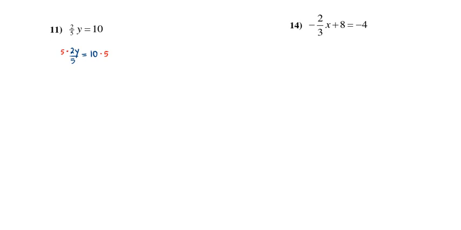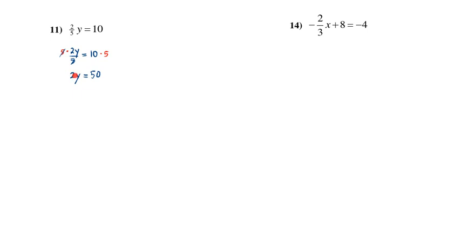And when doing the operations, we get 50, 10 times 5, 10 times 5 is 50. And on the other side, we could take this 5 and divide it with this 5, which will give us simply 2y, which is equivalent to multiplying the 2 and the 5, so that's 5 times 2y, that would give us 10y, and 10y divided by 5 would give us 2y.